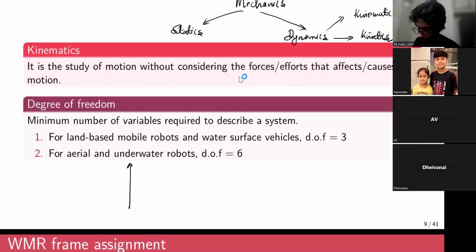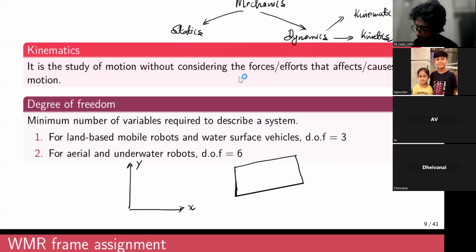I can call this the y-axis, I can call this the x-axis, and the z-axis would be out of the plane, perpendicular to it. And here you have a mobile robot chassis. I'll redraw this at a different orientation, like this.